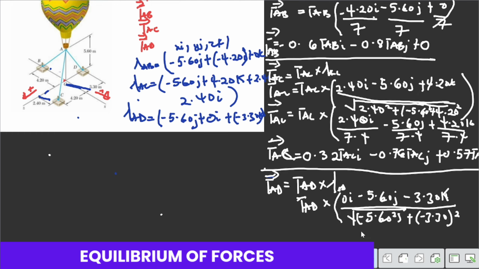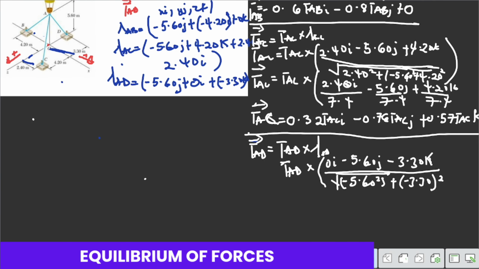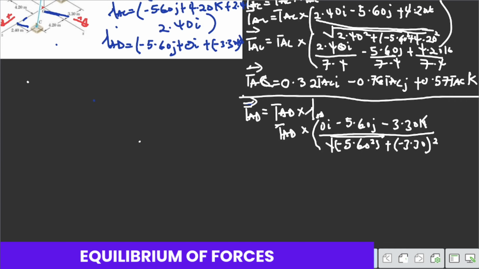So at this point, since you now know the whole of the magnitude of this, now we can easily find our TAD. So now our TAD, in the vector form, is equal to our TAD multiplied by, so this is 0, right?